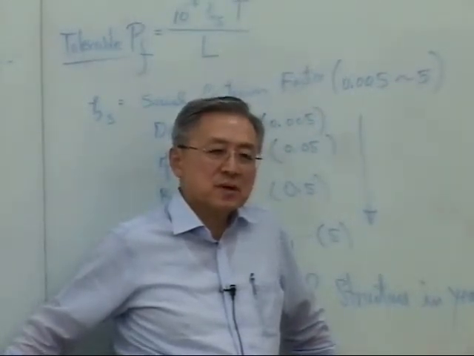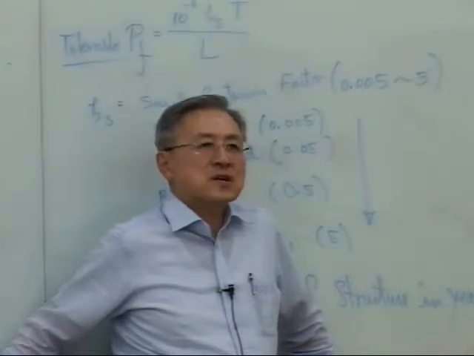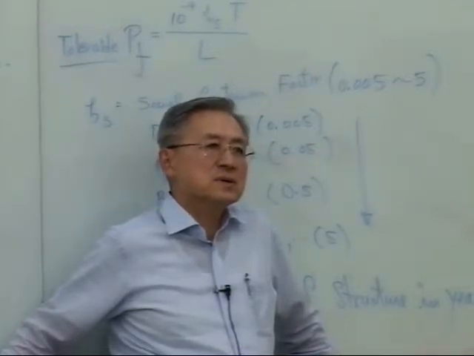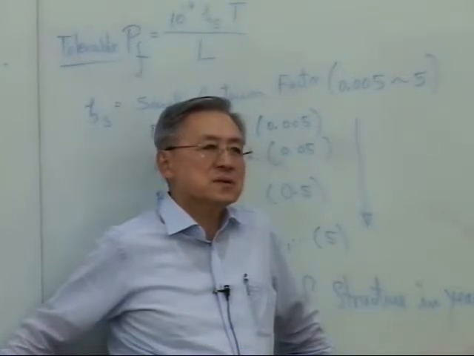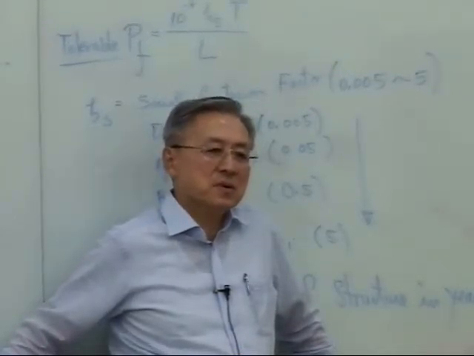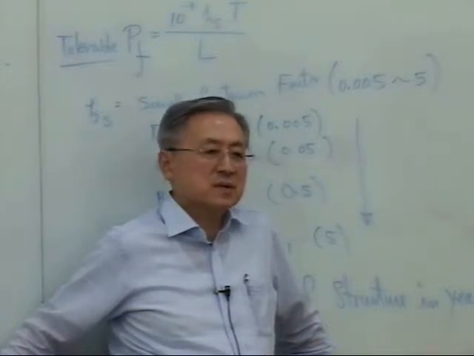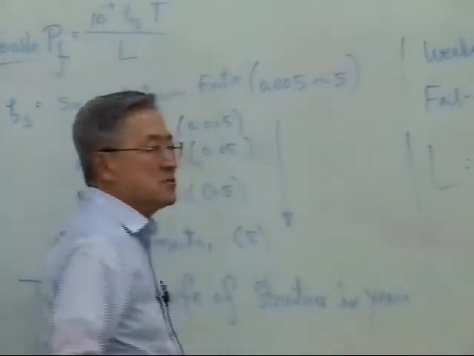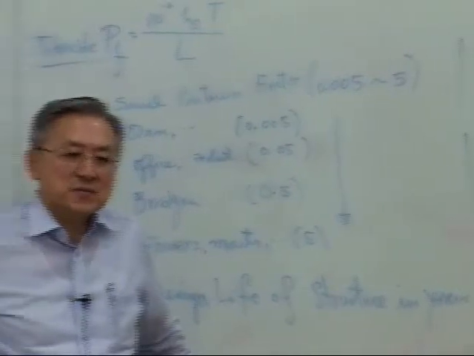Some office building, like the World Trade Center that collapsed when the airplane hit it near the top, contained at least between 7,000 and 10,000 people. Then 3,000 people lost their life. So this is a very rough kind of measure.